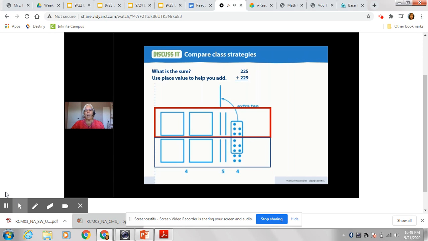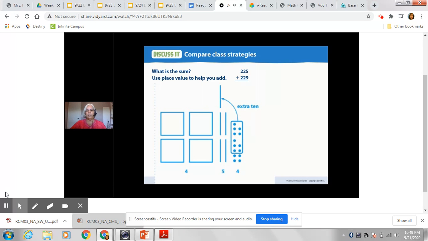I noticed that they drew a box around the 10 dots and regrouped that to make a 10 that they added up here at the top, leaving them with 4 dots in the ones column, and then they wrote the number 4 at the bottom.